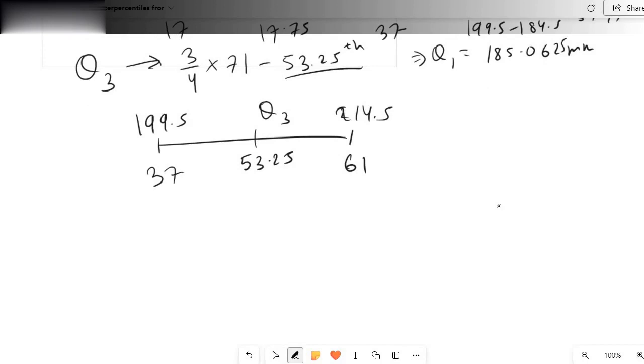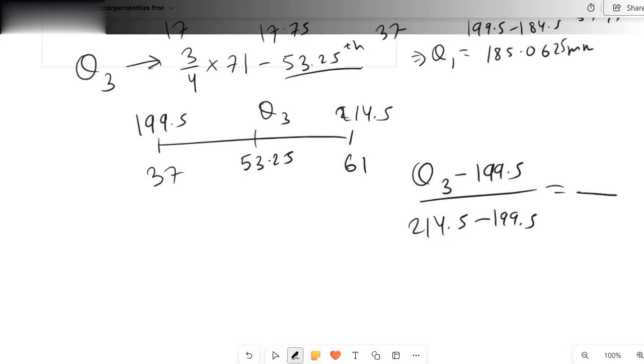So continuing just like before, Q3 minus 199.5 divided by 214.5 minus 199.5 is going to be equal to the ratios of their frequencies.